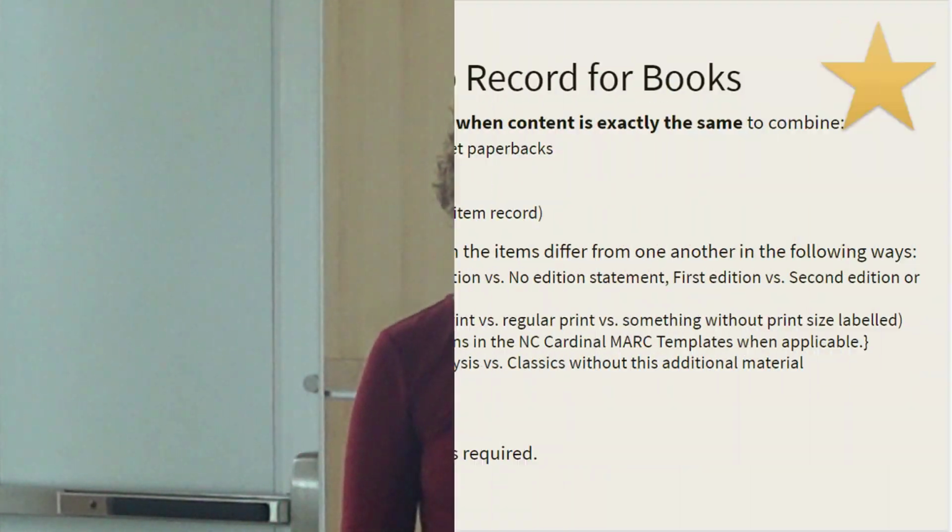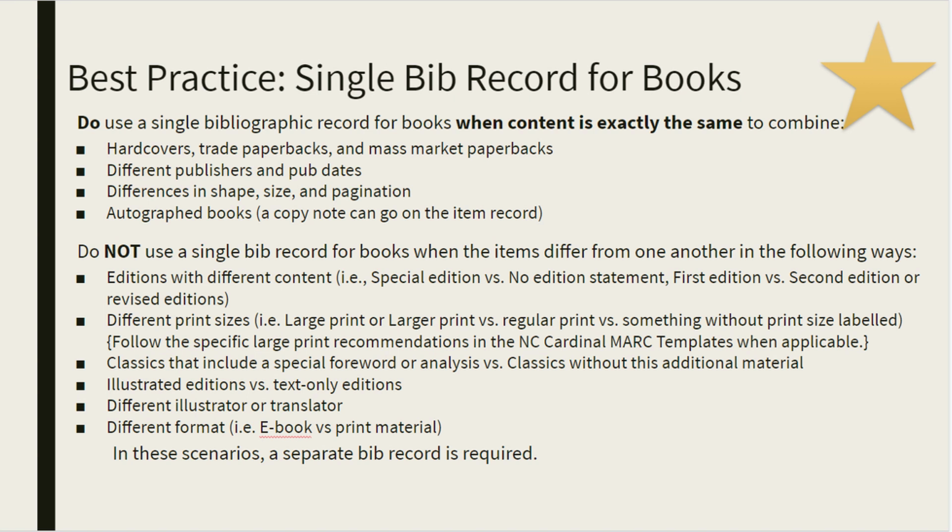People can be looking specifically for an illustrated edition, specifically for something illustrated by a certain person. So those should go on different records. If you have illustrated editions with different illustrators, each of those should be a different record because the content they provide is different.